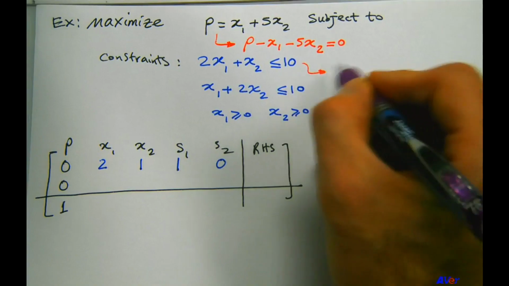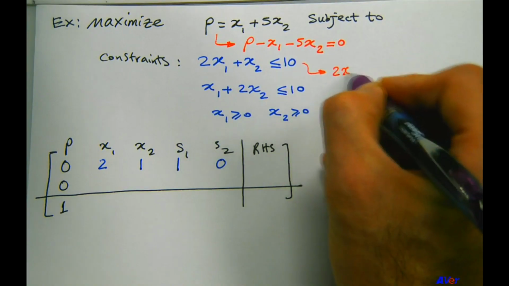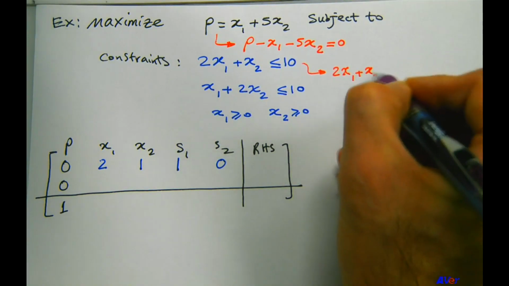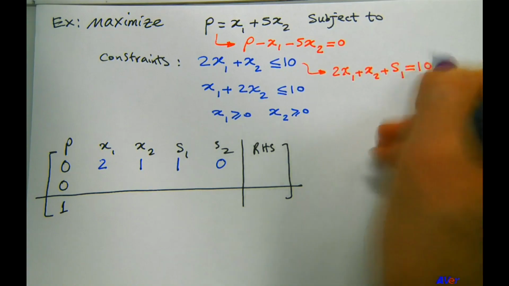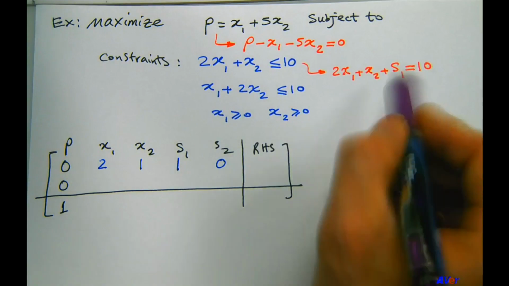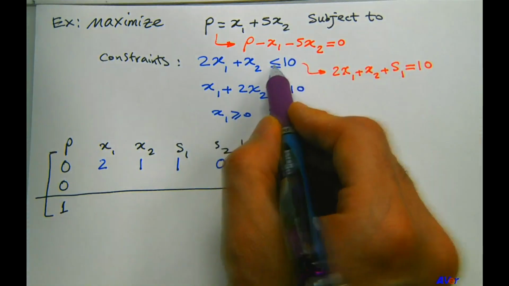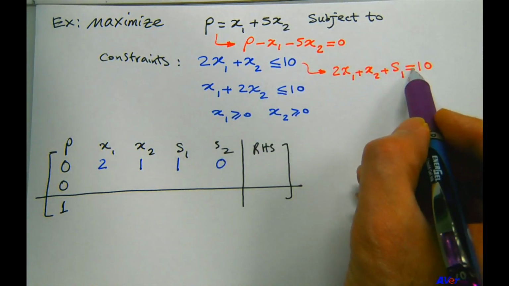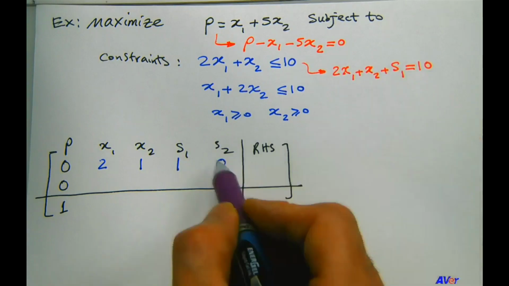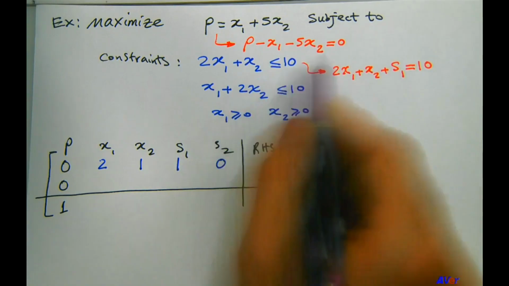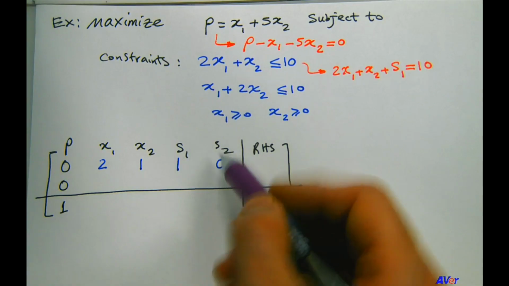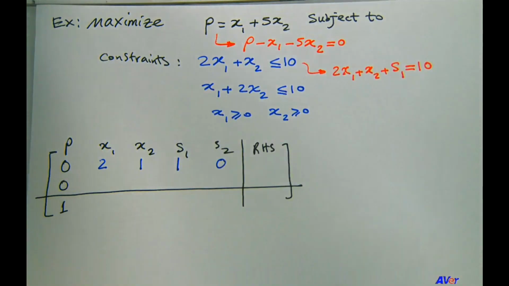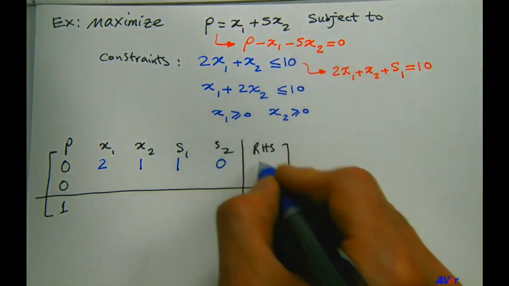Let's rewrite this. We have 2x1 plus x2 plus s1 equals 10. So that s1 converts the inequality into equality. But there's no s2, so the coefficient in the first constraint inequality gets to be 0. Now the right-hand side is, of course, 10.